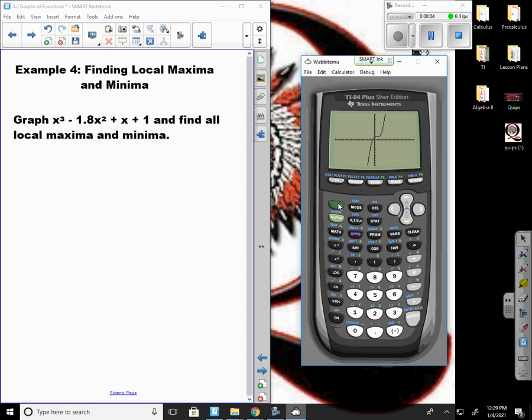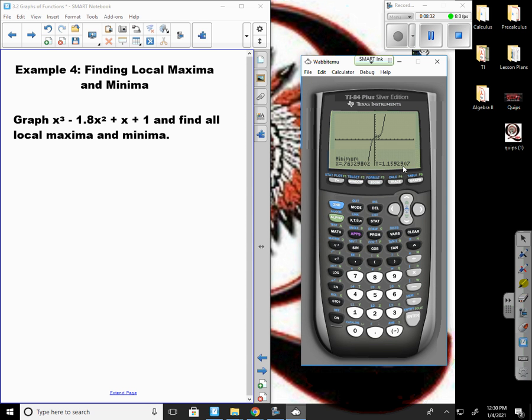So now if I want to find my local min, I'm going to go second and trace, and then go to minimum. And I can start here, push enter, and then go to the right until I know it goes higher than that. Push enter again. And you're going to see it finds our local min, which is 1.159.